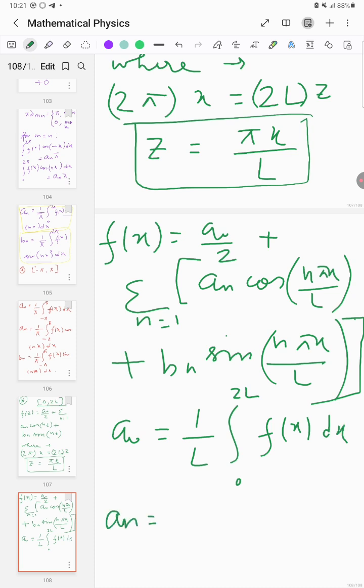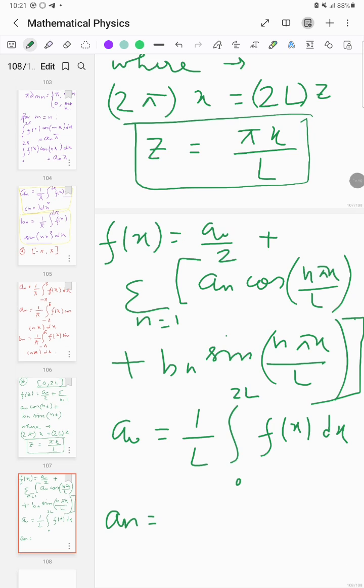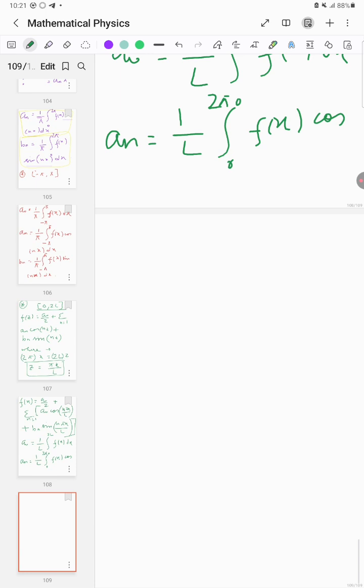A n will change into 1 by L, integral 0 to 2L, f of x cos n pi x by L dx. And how will b n change?